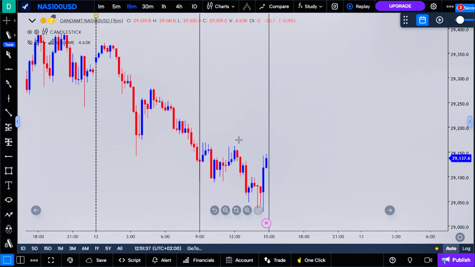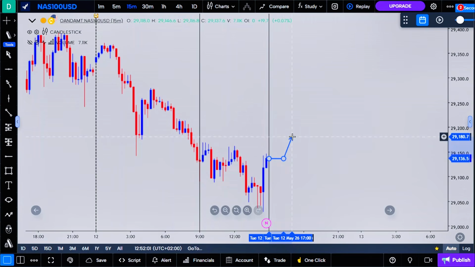We have not yet achieved it, because if we had achieved it, I wasn't going to take a trade here, because this continuation would no longer be valid. Even if the setup could be good, if the ADR has been achieved, there's no continuation from there after that.